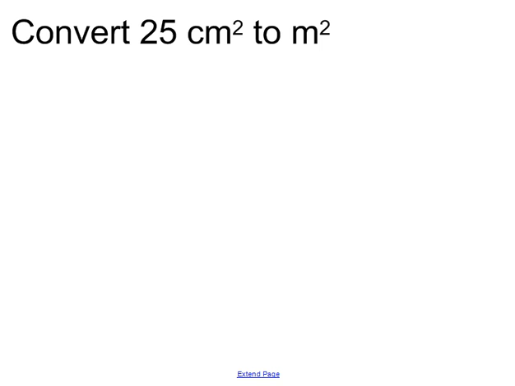So our given is 25 centimeters squared over 1. Notice we put the given over 1, not over 1 meter, not over anything other than the number 1, just to make it a ratio. We're going to multiply by a ratio.